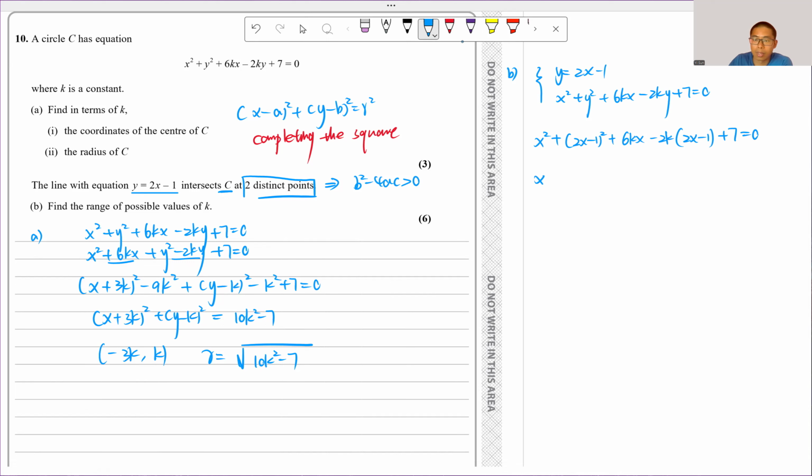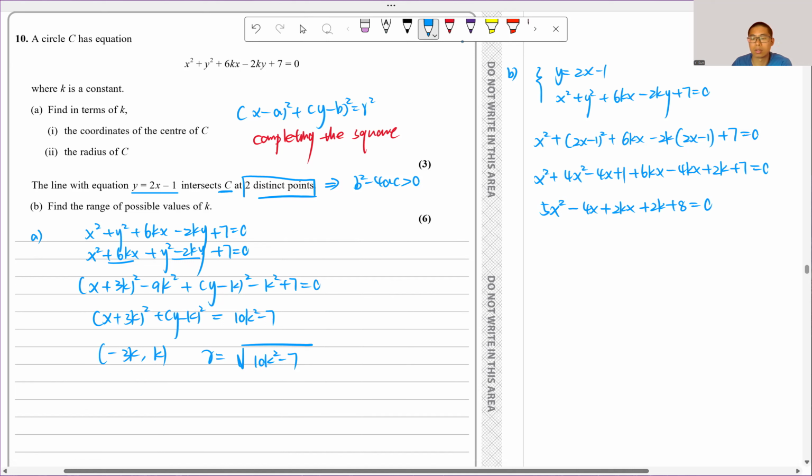Expand it out: x² + 4x² − 4x + 1 + 6kx − 4kx + 2k + 7 = 0. Then we have 5x² − 4x + 2kx + 2k + 8 = 0.